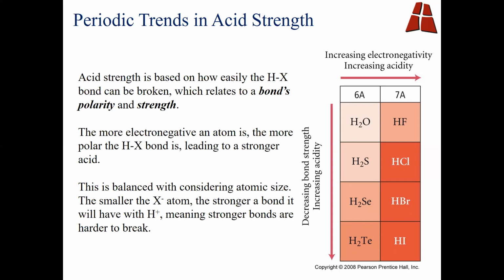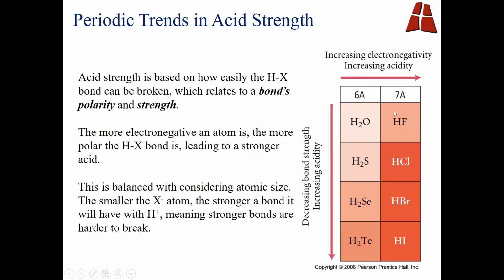However, we have to balance that with considering atomic size. And so the smaller an X minus atom is, the stronger a bond it will have with a proton, H+. And so that means that it's going to be harder to break, which leads to weaker acids. And so that's why we get things like H2O and HF, where both oxygen and fluorine are obviously very electronegative, but they are also very small relative to the next rows down on the periodic table.